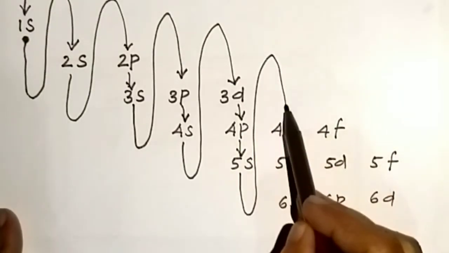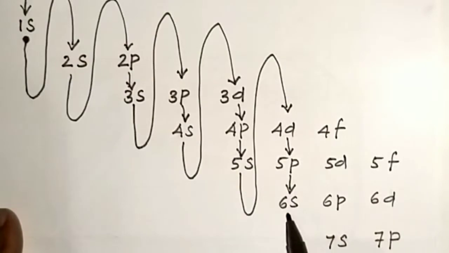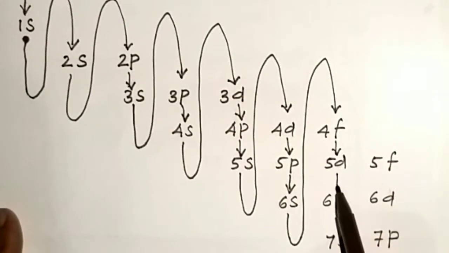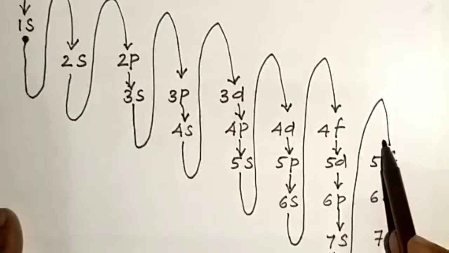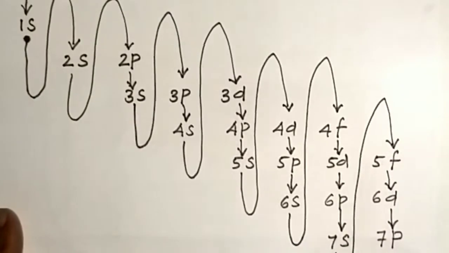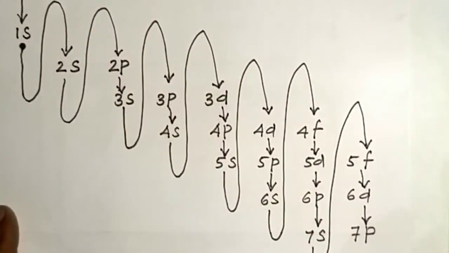Then from 5s to 4d, 5p, 6s. Then 6s to 4f, 5d, 6p, 7s. And from 7s to 5f, 6d, 7p, and continuing. So by the increasing order of their energy level, the filling of electrons takes place according to the Aufbau principle.